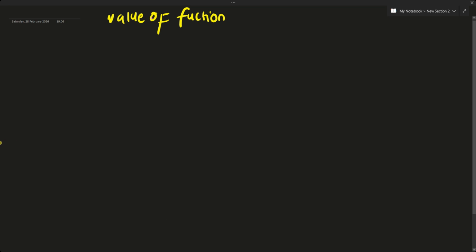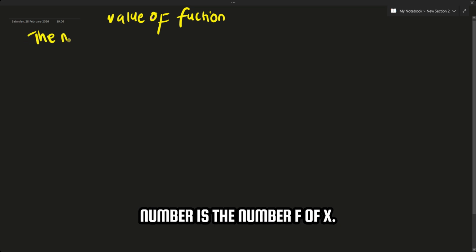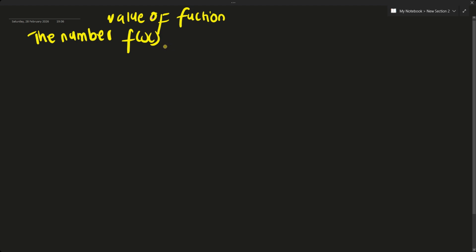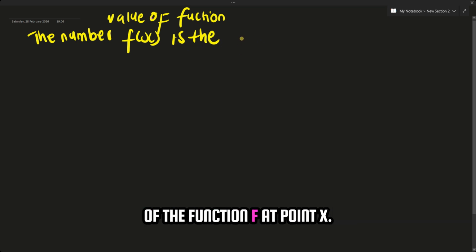Value of a function. So the value of a function is the number f of x. The number f of x is the value of the function f at point x.